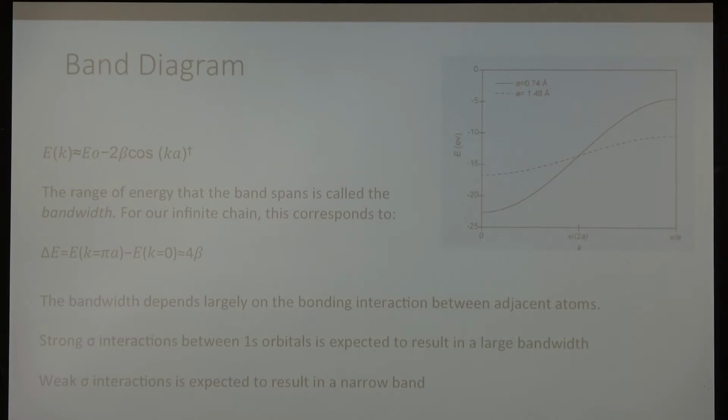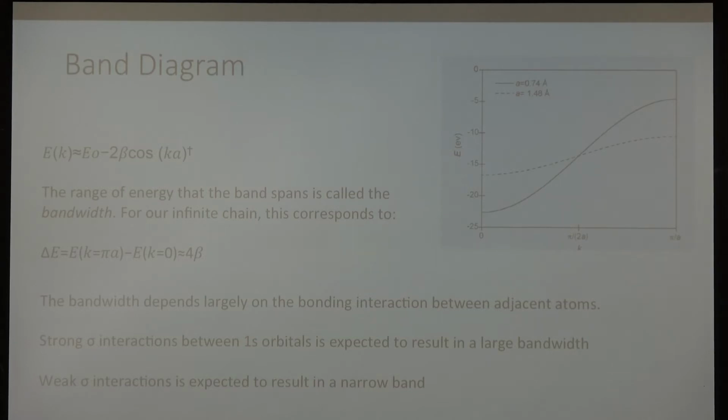So if this is our 1.48, actually let's call it the 0.74. So where would the longer band length be? Tighten it up, right? Does that make sense? That it would be more like this.